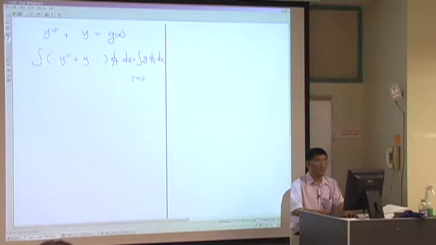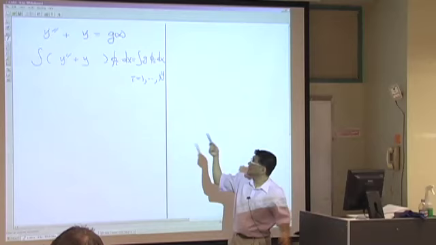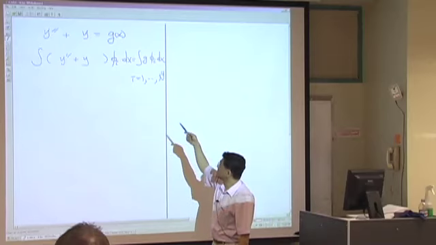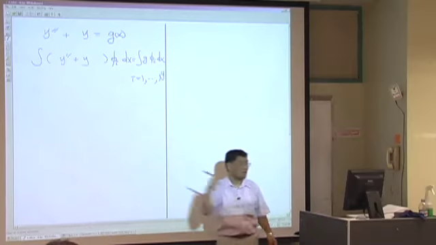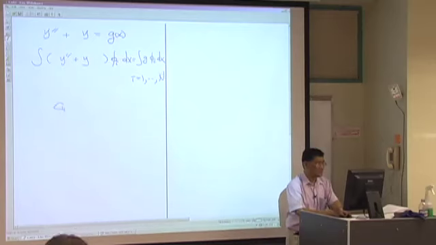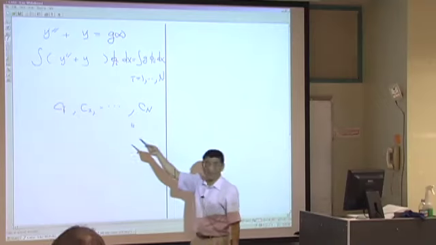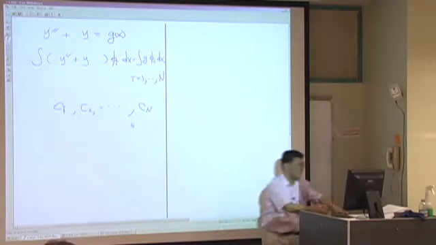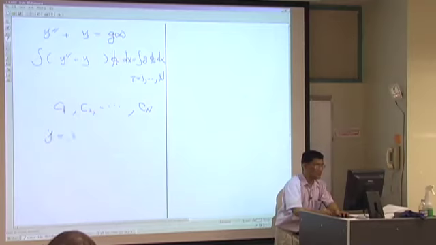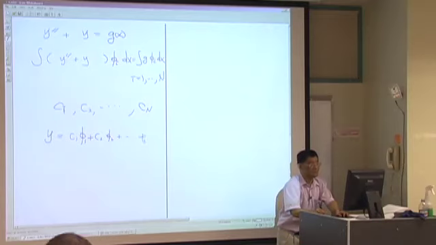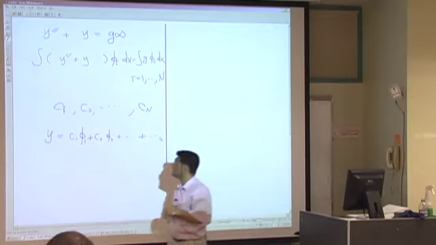For i may run from 0 to n or something. So we solve these kinds of equations. Then these kinds of things create systems of c sub i, right? So these things create systems of c sub i, c sub 1, c sub 2, right? Then solve for c sub i, and then eventually assemble the solution. Solution equals c sub 1 phi 1 plus c sub 2 phi 2, and so on. So this is the idea.